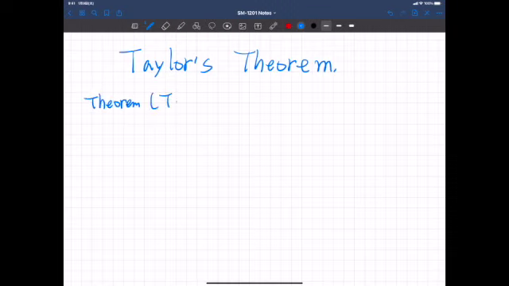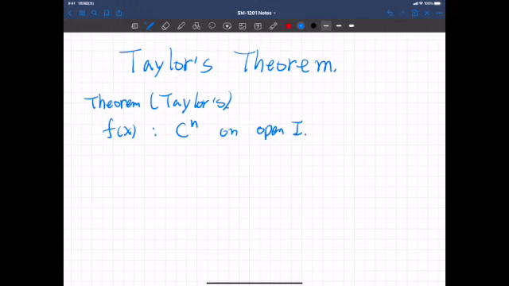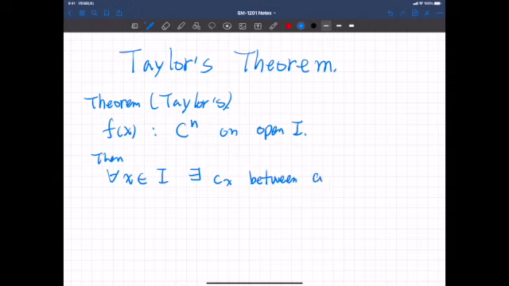It's called Taylor's theorem. Okay, so let f of x be a function that is of the class Cn. So that means n times differentiable and continuous, on an open interval. And let a be a point in this interval. Then for all x in this interval, there exists Cx between a and x.